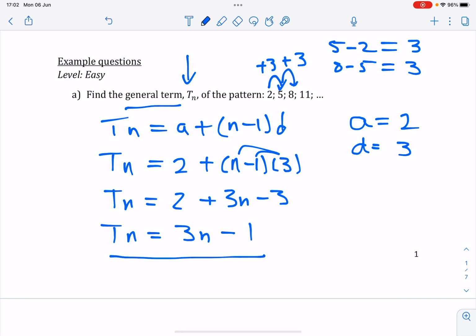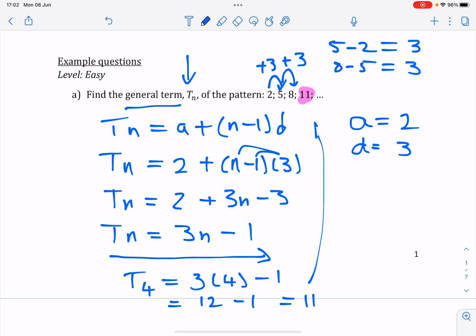That's our general formula. We can check ourselves, if you want to, by substituting in a term number, and we should get the corresponding value. So let's substitute in 4, and we should get 11. T4 is equal to 3 times 4 minus 1. 3 times 4 is 12, minus 1, we get 11. So we know that our general formula is working.